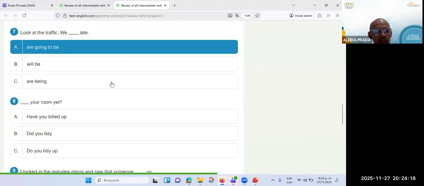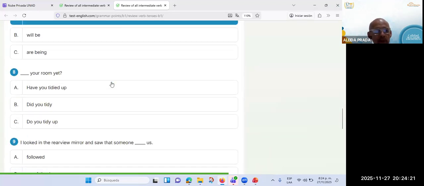That's the correct one. Number 8, Paula, have you tidied up your room yet? Did you tidy your room yet? Or do you tidy up your room yet? Here we are using the verb tidy up, no? Tidy up is like clean, no?